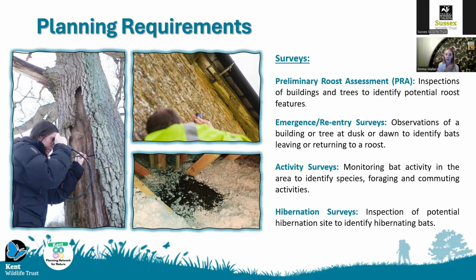So an internal inspection of any roof voids is also usually undertaken, searching for evidence such as droppings or bats themselves. So this survey must be conducted by a qualified licensed ecologist, as there are risks of encountering and disturbing a bat roost.